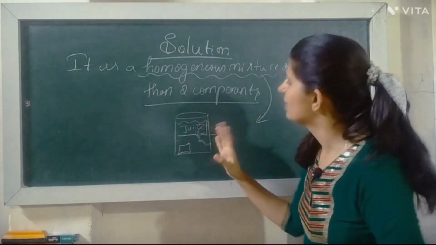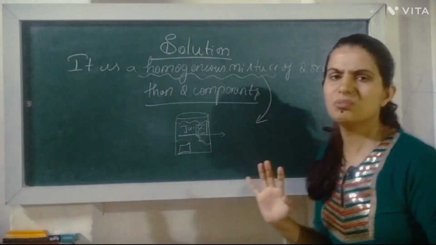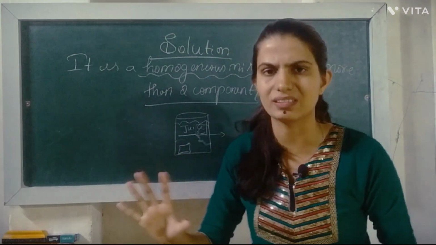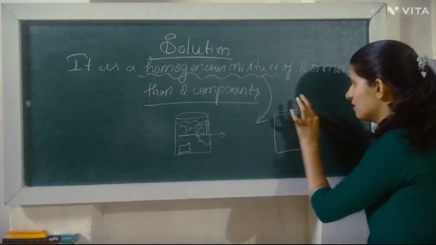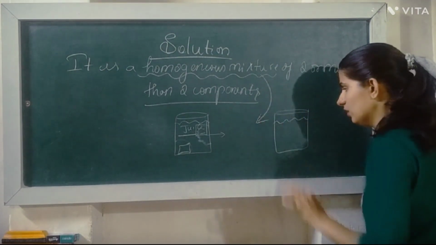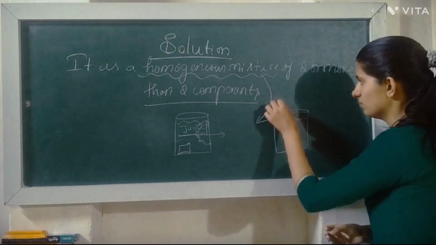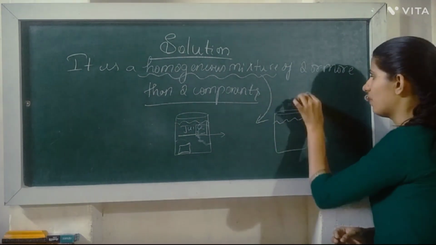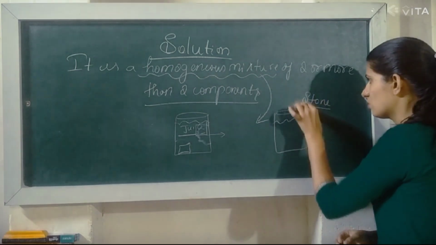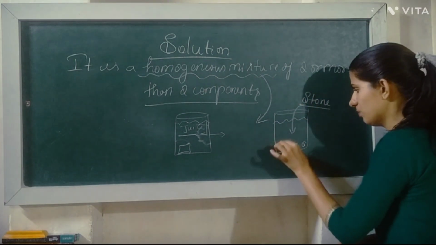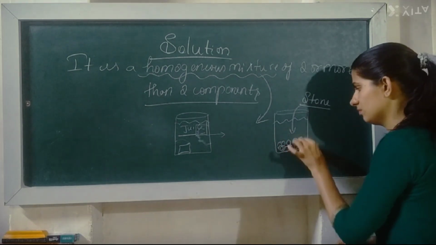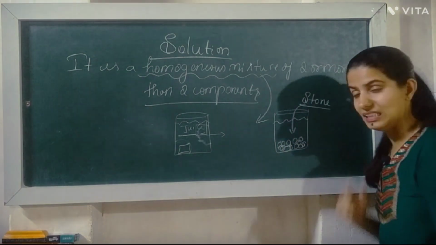Similarly, ma'am, give me a heterogeneous mixture example. I will take a glass. In that I have water. I will add some stone particles. So they are now present here. Now, is this a homogeneous solution?